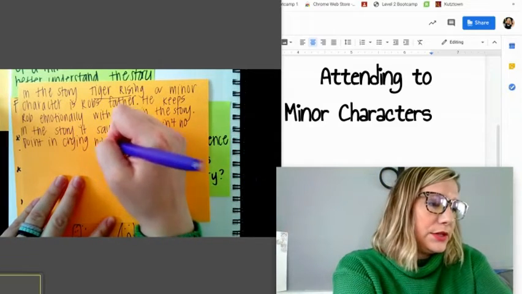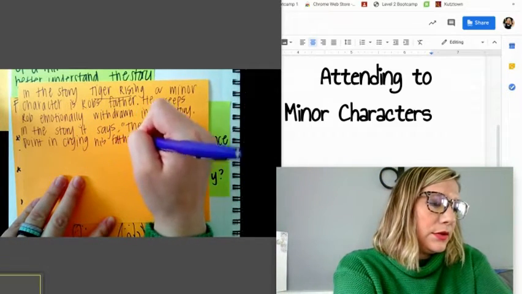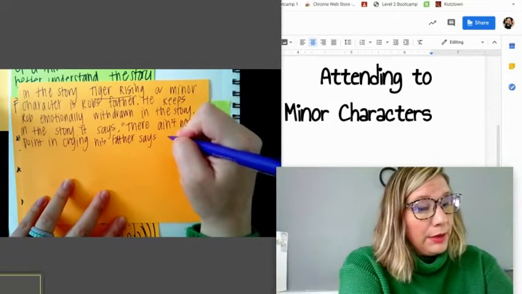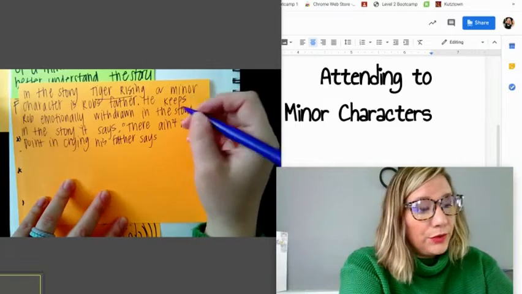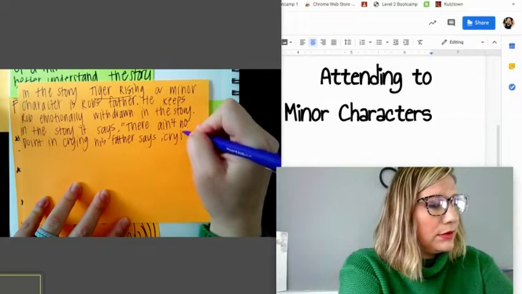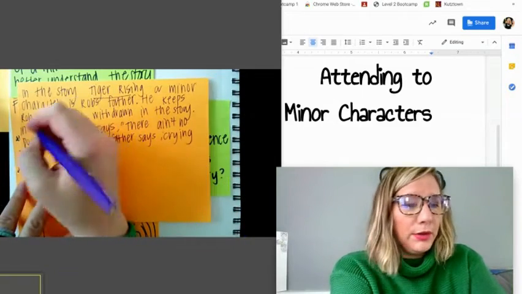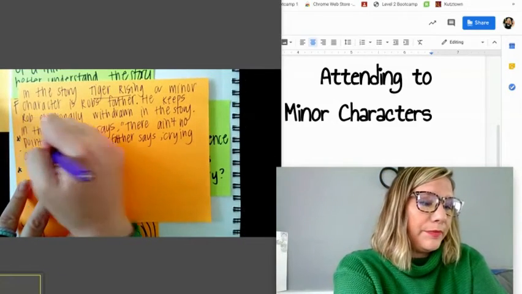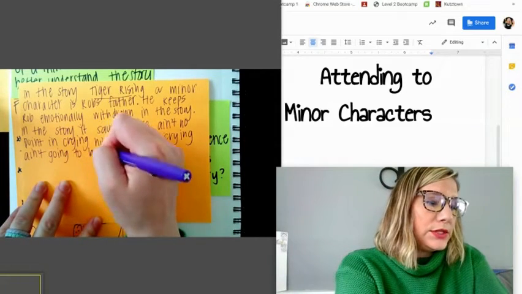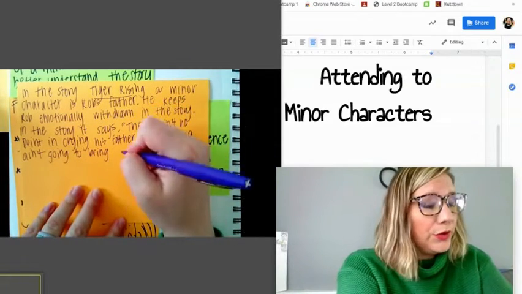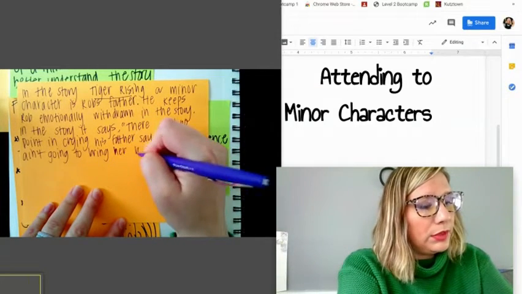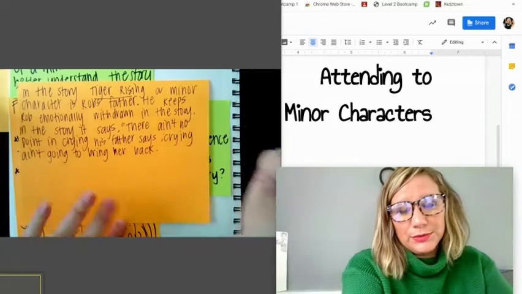His father says, after, this is during the funeral, his father says, "Crying ain't gonna bring her back." So he says this about his mom at her funeral. Okay, so there's my text evidence.